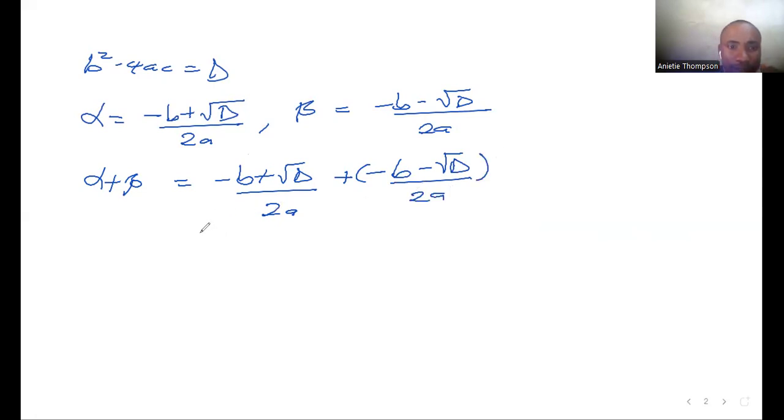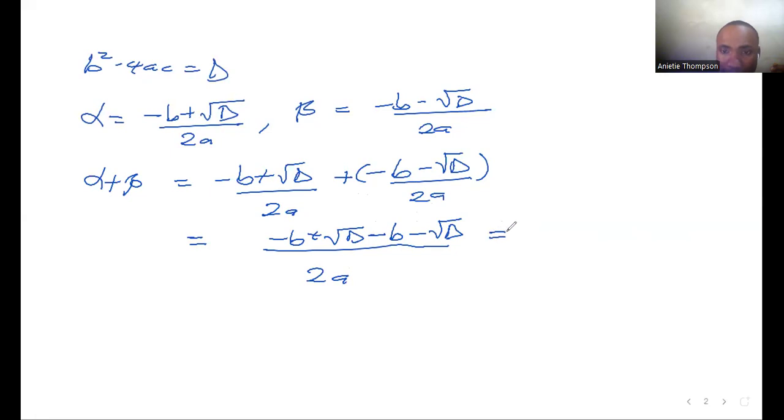If I evaluate that very well, the LCM of 2a and 2a must always be 2a. So I write 2a, then everything on the numerator will be the same: minus b plus square root of d, plus minus b minus square root of d.